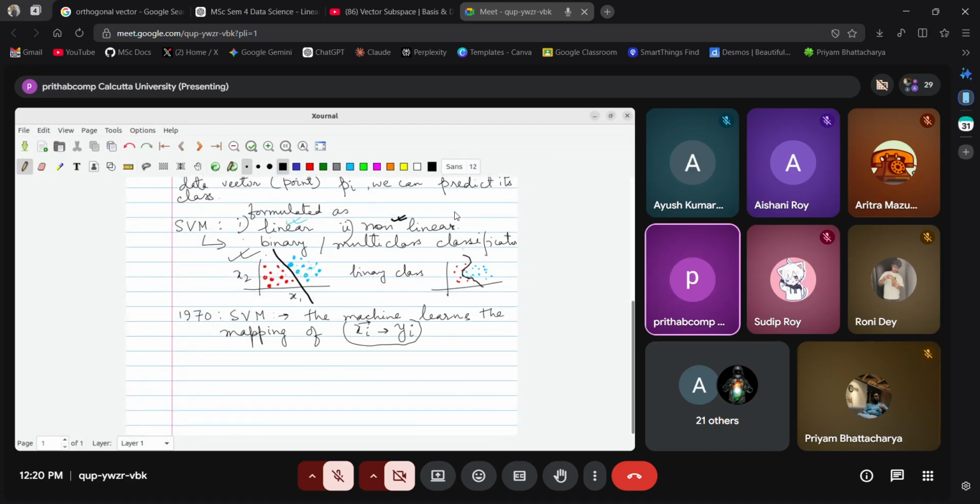Now, how is the problem formulated? Let's first write down some of the notations that we'll be using for the problem formulation.